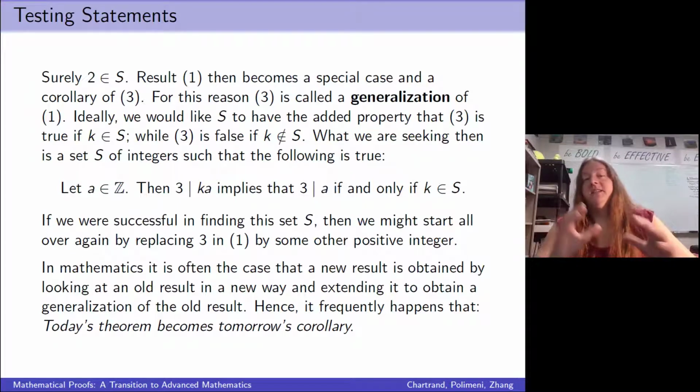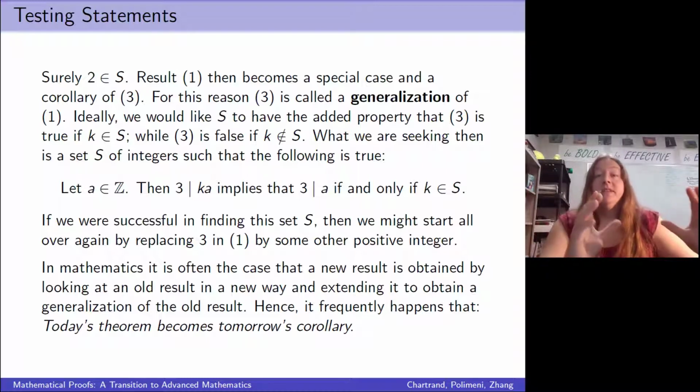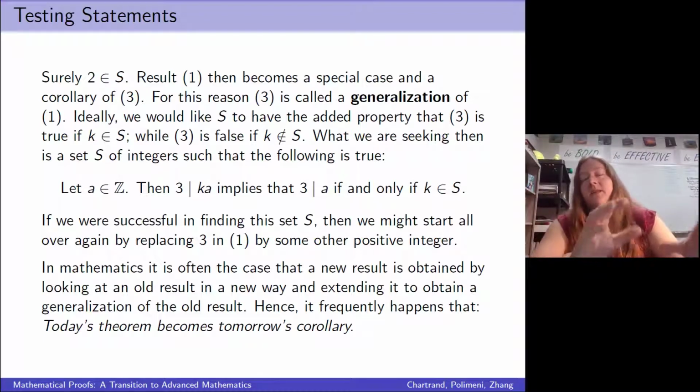It's a specific case of this generalization. And specific cases of generalized theorems are called corollaries. So we have this idea that when we have things that were results and they were theorems at one point in time, we might be able to generalize them enough that it makes that original theorem become a corollary of our more general and newer theorem.